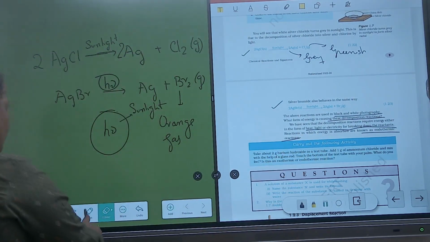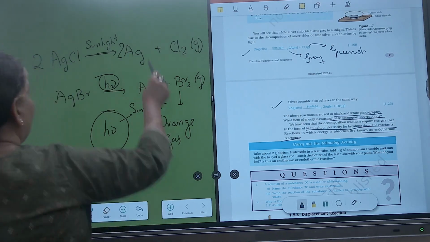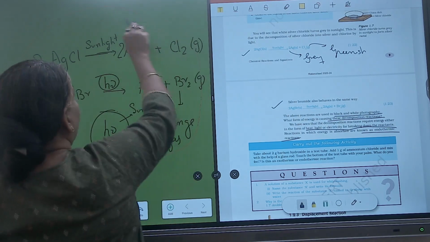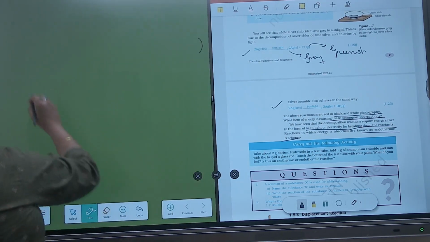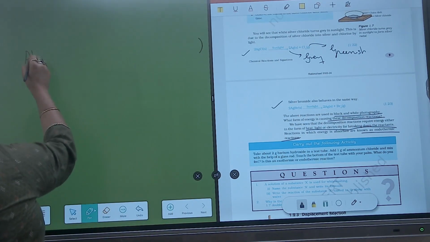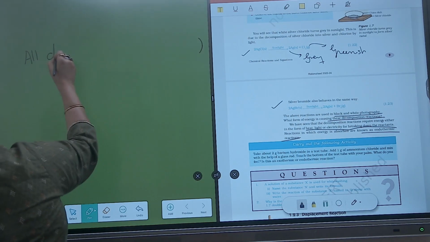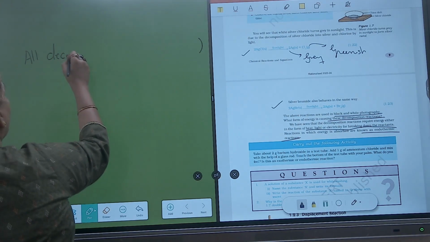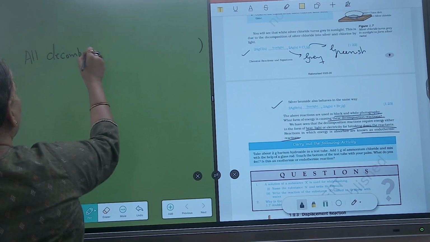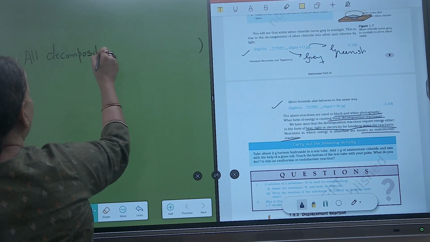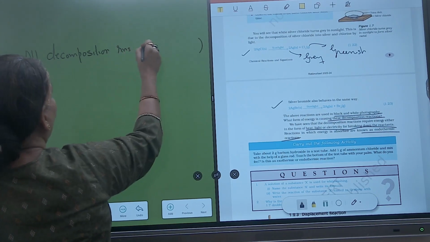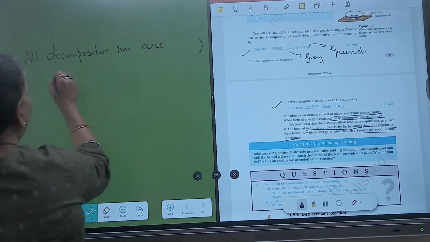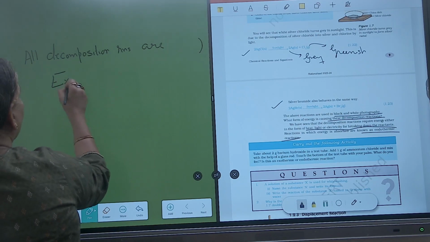So you can make one important note in your book or wherever you are preparing your notes, that all decomposition reactions are endothermic in nature.